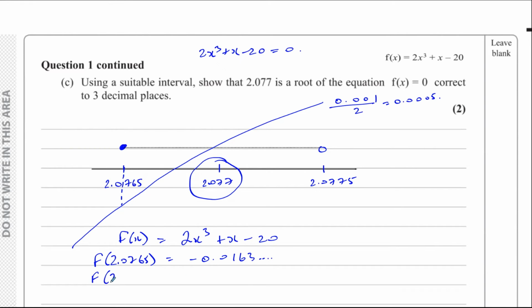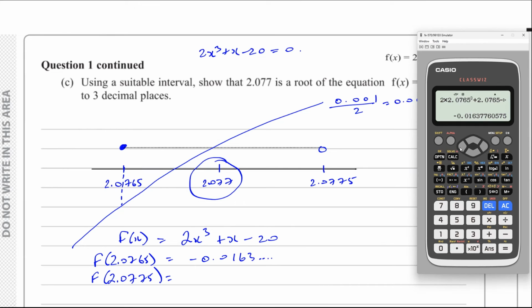And when I put f of 2.0775, which is the upper bound, into here, let's see what we get. I'll just replace this with a 7.5. So that becomes 7.5. That also becomes 7.5. We'll see we get a positive value, which is 0.0105.